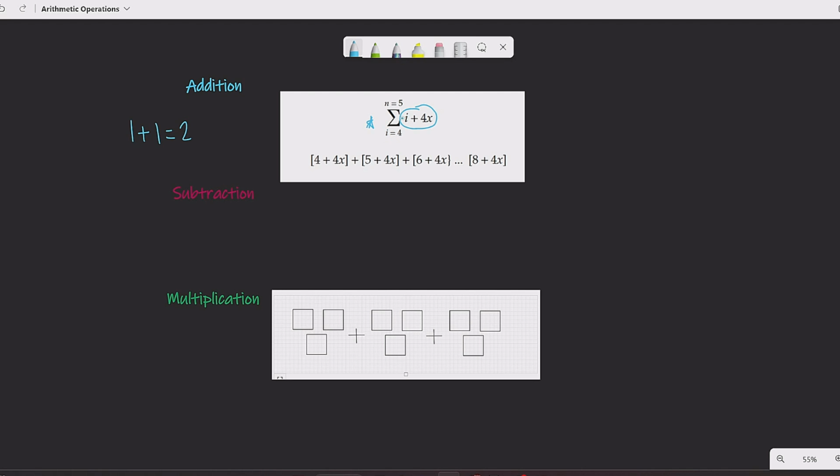So i will be 4 for our first value. So we'll do 4 plus 4x equals whatever that would equal. And we would do this 5 times, and that's what this n equals 5 means. We will do this 5 times. And so you can see that here. So we have done this 5 times.